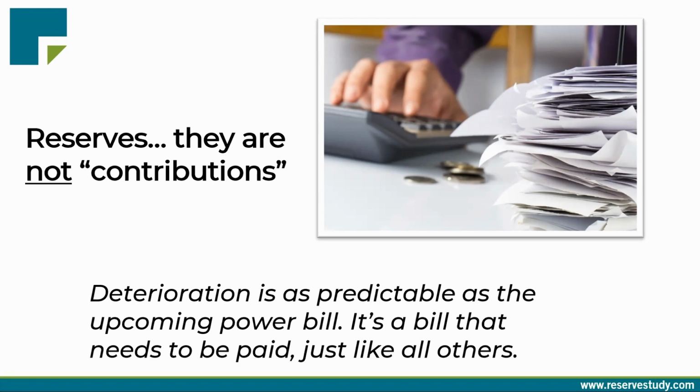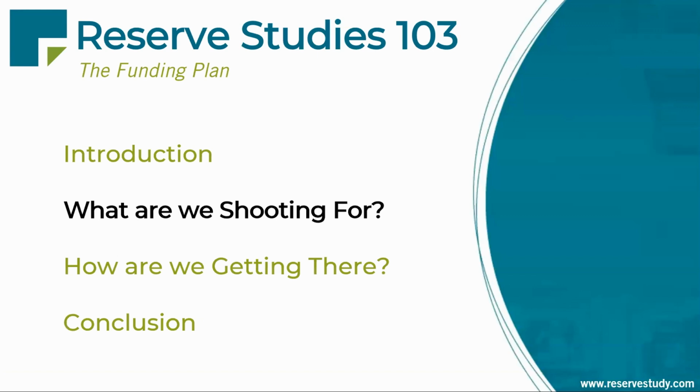Just like you have a water bill or a management bill each month, the roof and the asphalt all are deteriorating each month. Those deterioration bills are bills just like every other bill that you need to pay. They're real. If you ignore them, they don't go away. They just accumulate.